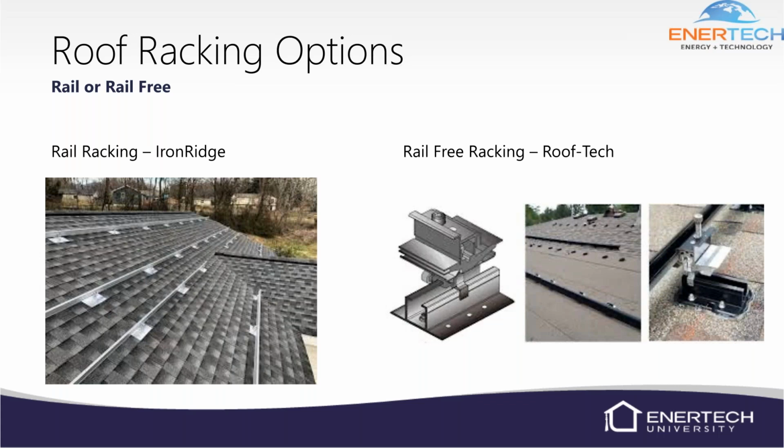I threw these pictures in on this slide, and I couldn't find any I really wanted, or zoom in, so I apologize, but that is not a rail. I want to clarify on the railless, rail-free side with Roof Tech, that is what they call a skirt.